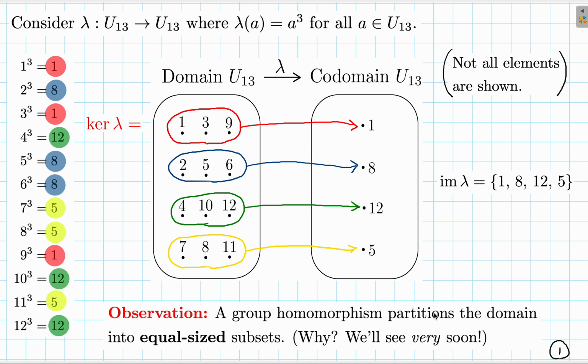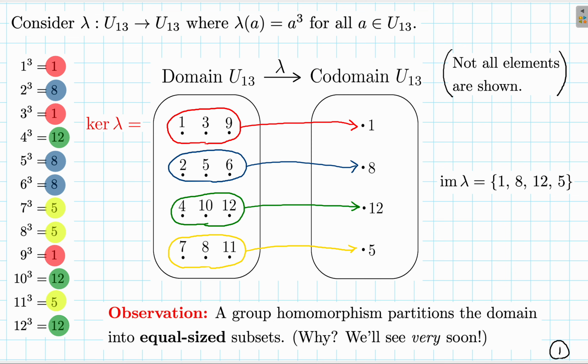Now here's an observation that we've made in the past. A group homomorphism partitions the domain into equal-sized subsets. The fact that lambda partitions the domain, in other words, these subsets are non-overlapping and they cover all of U13, that's not a big deal.